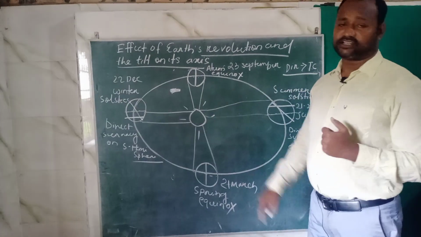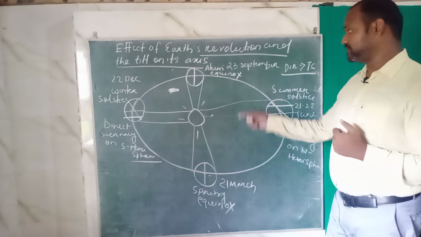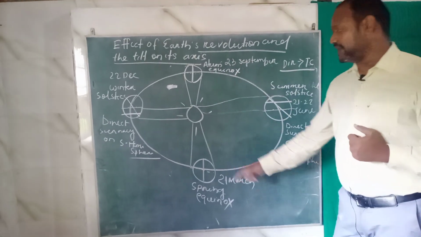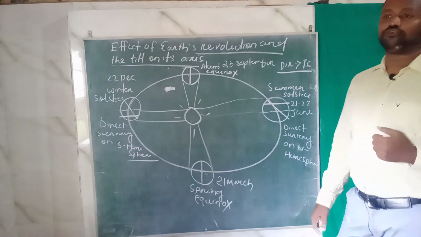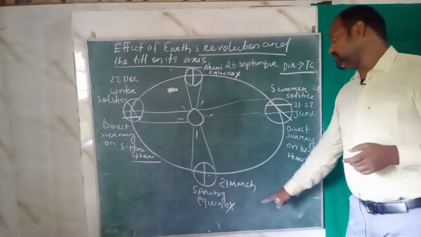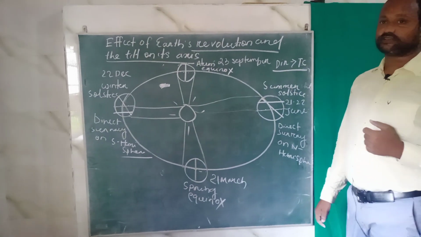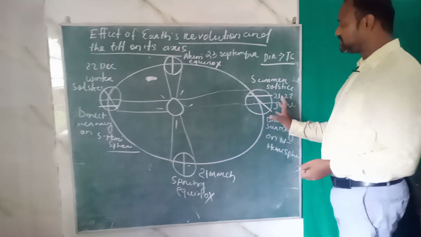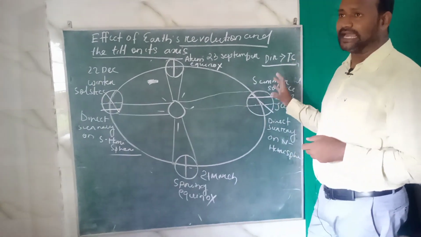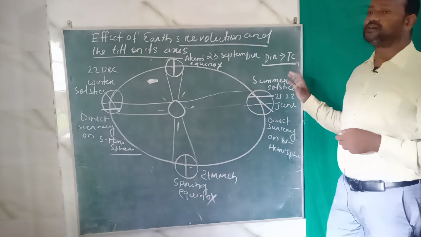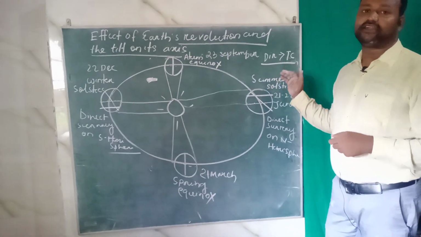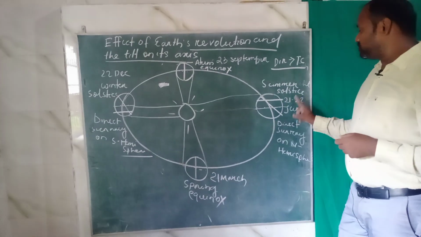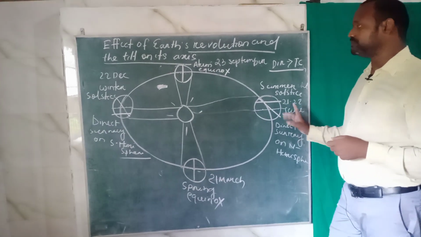Here the direct sun ray is over the equator during the autumn equinox, which is 23rd September, and here the direct sun ray is over the equator on 21st March. So here, students, the direct sun ray is over the Tropic of Cancer, so the northern hemisphere gets direct sunlight. That's why it is summer in the northern hemisphere and winter in the southern hemisphere, on 21st to 22nd June.